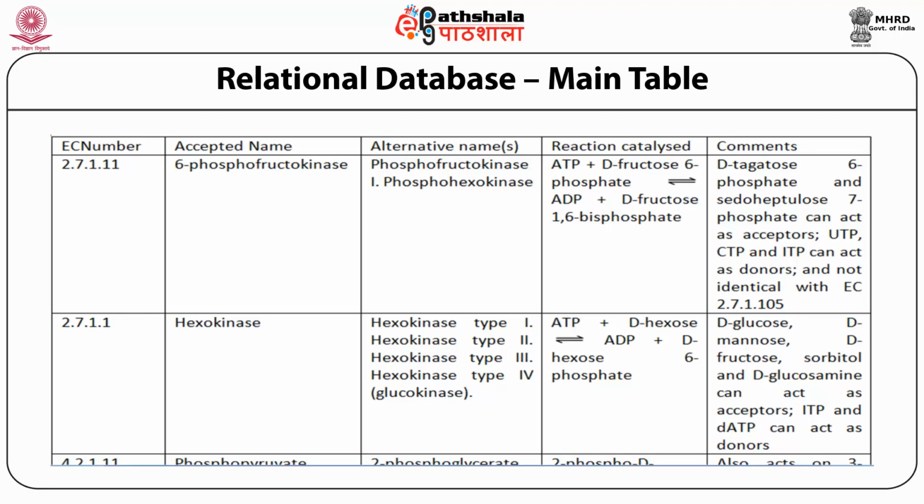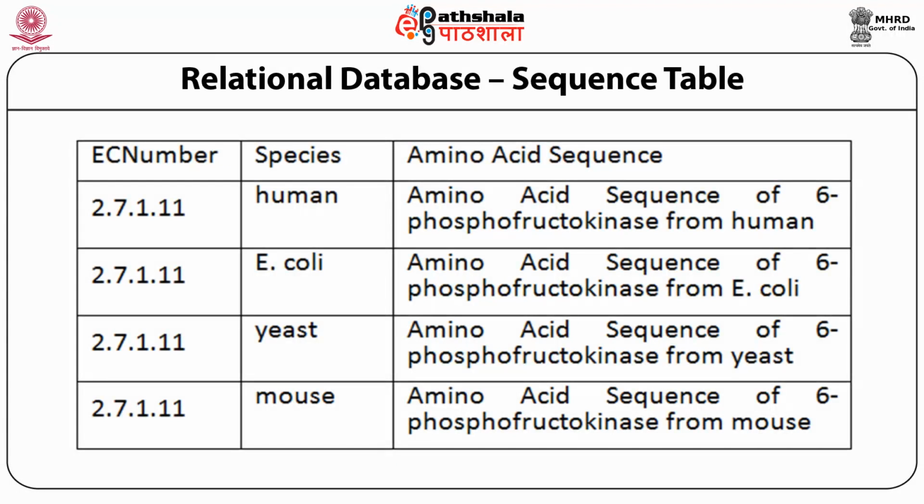This leads to difficulties in data management and maintenance. A relational database management system avoids the problem of redundancy by adding a new table in the same database file for storing the sequence information for each species, with the enzyme commission number as the connection between the two tables, that is, the main table and the sequence table.